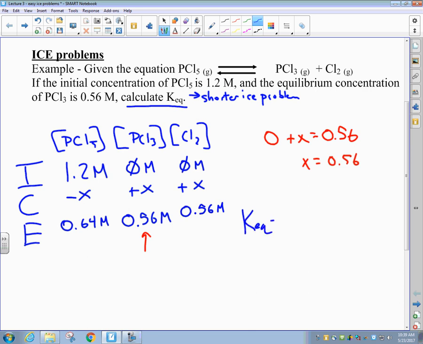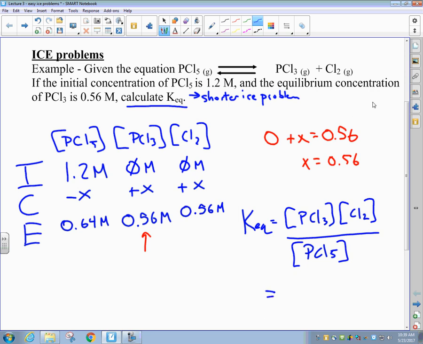Now at this point, I'm ready to go ahead and write my KEQ expression. We're going to have KEQ equals the concentration of PCl3 times the concentration of Cl2 divided by the concentration of PCl5. I'm going to plug these values in, these three right here, into my KEQ expression.